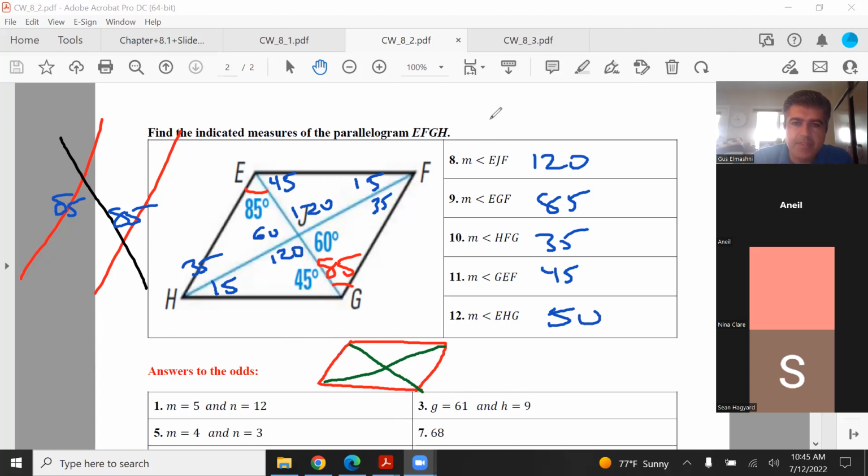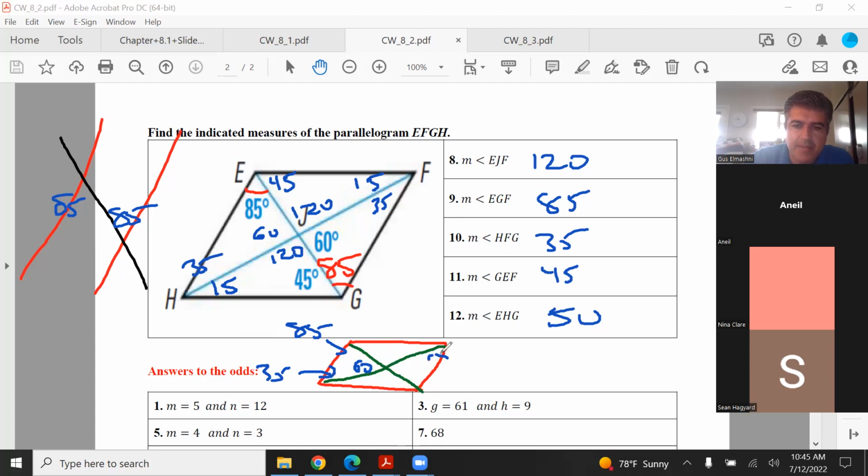Then if you know that this is 60, then that is 60. Therefore, that's 120. 120. Okay. And then if that's 60 and that's 85, then that's 35.